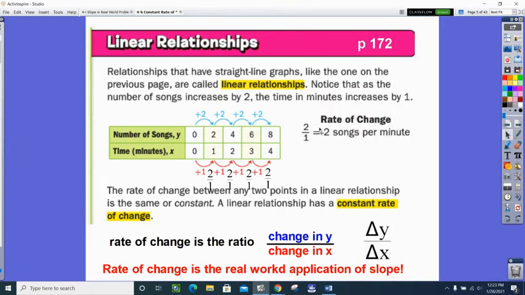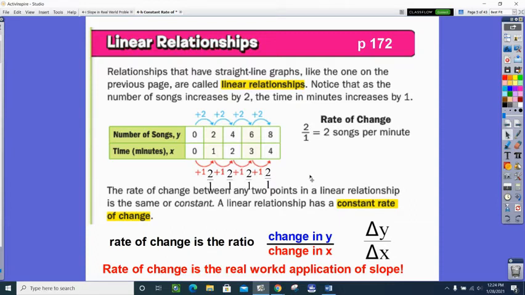Since that rate of change stays the same, your slope stays the same from point to point to point, 5 points, then it is linear. So that's how you check if a table is linear. You calculate the slope. We would have had to do 4 different slopes, comparing points to see if they stay the same. Constant rate of change, in this case, would be the 2 songs per minute.